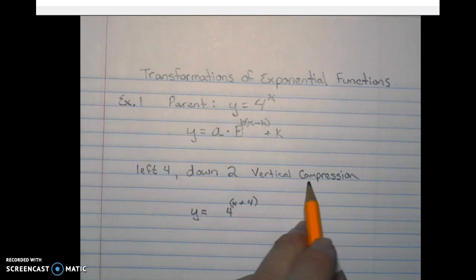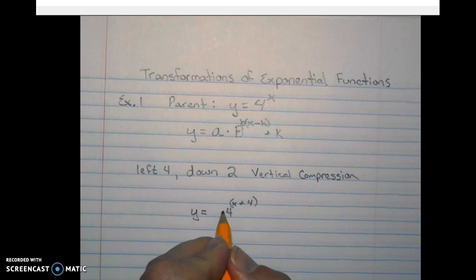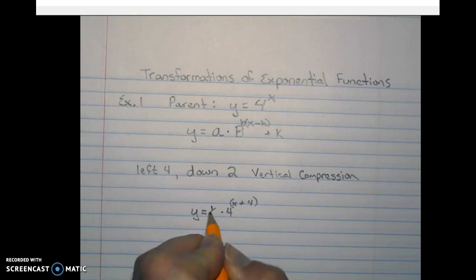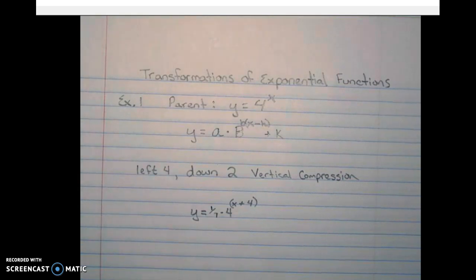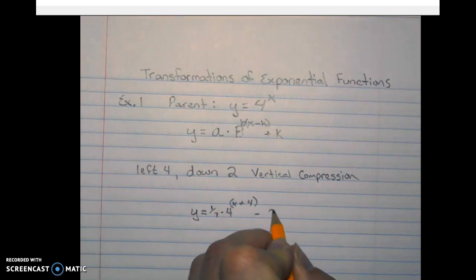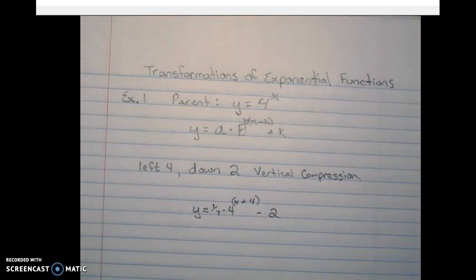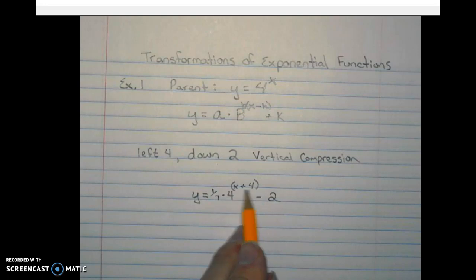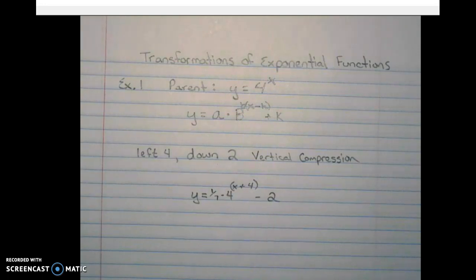Okay, we have a vertical compression, so we're going to be multiplying by a number between 0 and 1. So let's say 1/7. And then it's translated 2 units down. And so there would our function be. Vertical compression, translated 4 units to the left, and translated 2 units down.